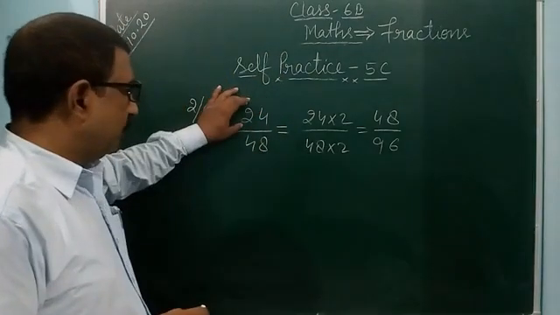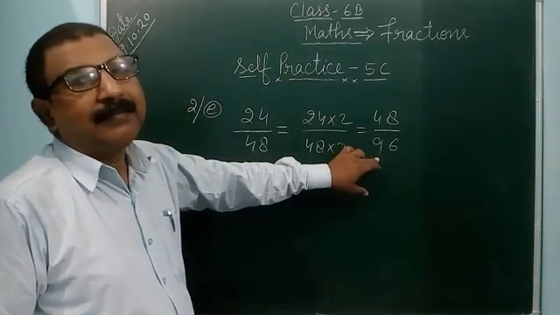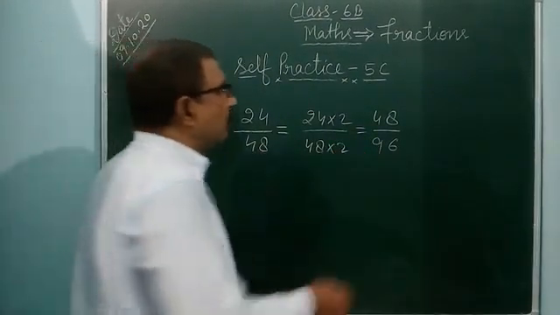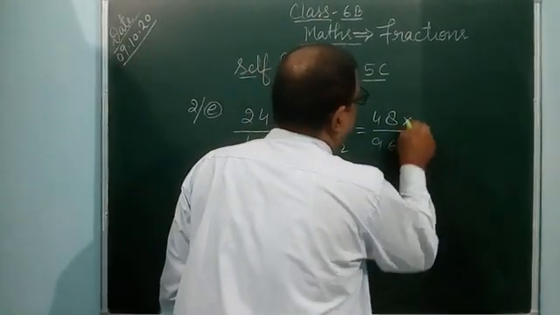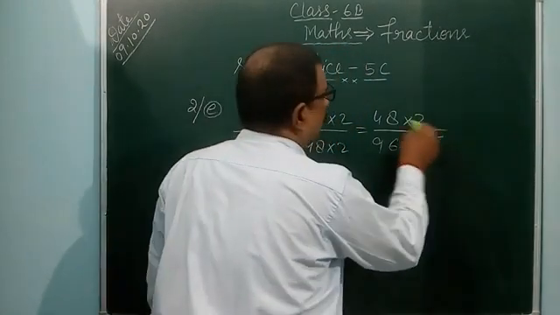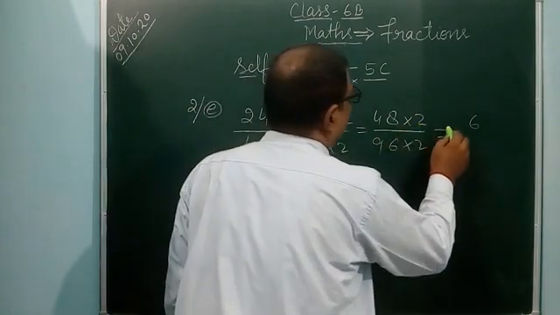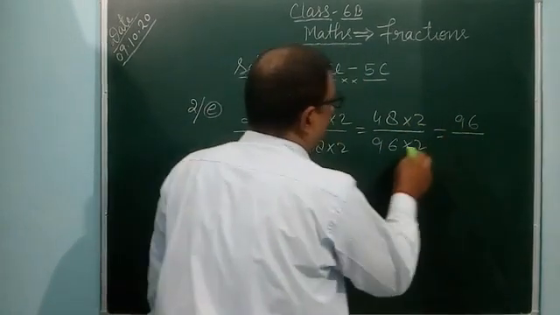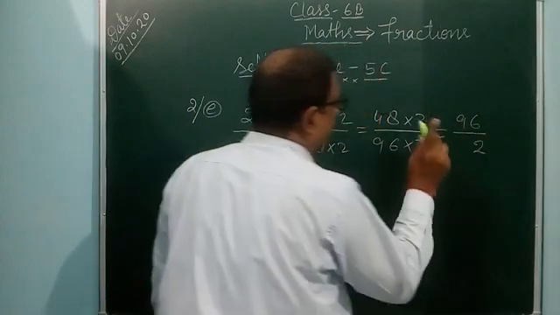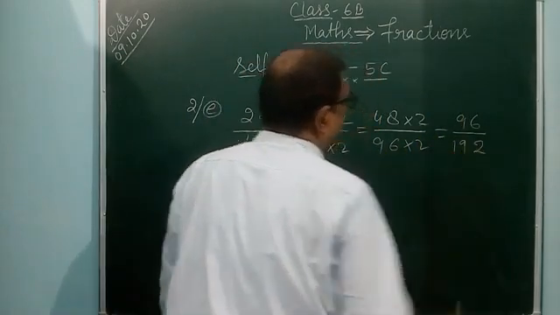So 24 by 48 is equal to 48 by 96. Again you can multiply by 2 in both numerator and denominator. 2 sixes are 12, 2 fours are 8, 2 nines are 18, so you get 96 by 192.